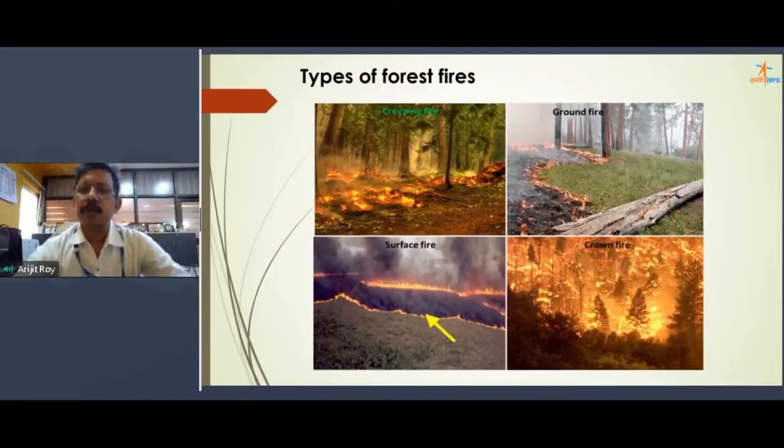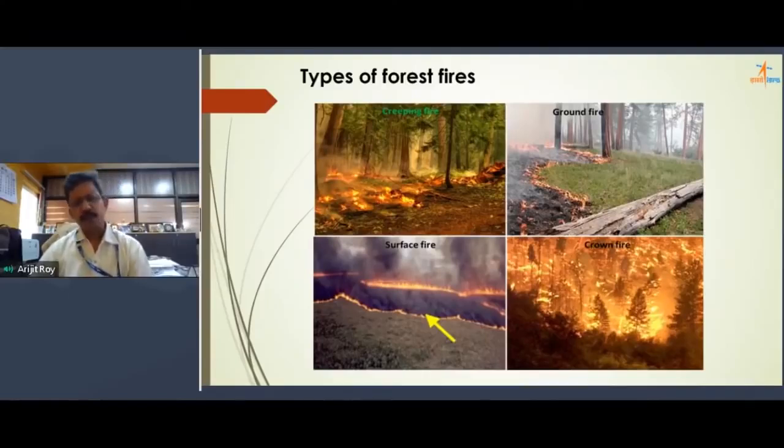Then we have the ground fire, which is the most common fire in India. It's basically the dead and decaying, as well as the dry leaves, branches, twigs, and the herbs and shrubs which are there, they burn. The trees are mostly unaffected.